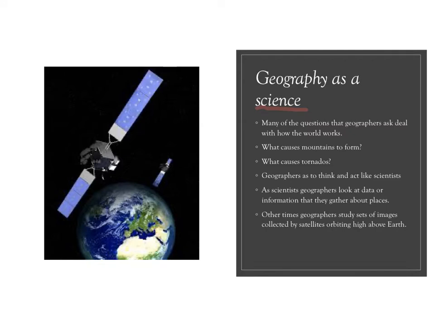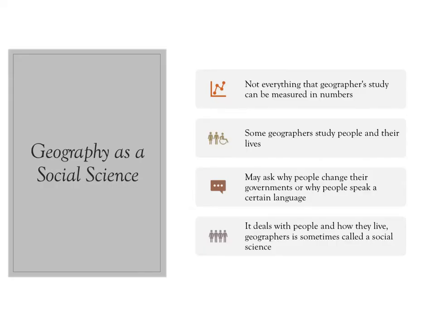They analyze the data. They try to find similarities, differences. They have to relate the information to each other so they can explain how things are working too. So geographers are considered scientists, and geography can be considered a science.